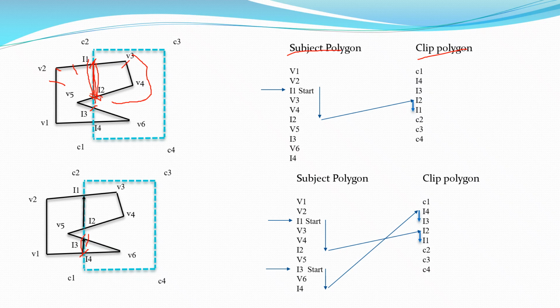Start and end points we have to initialize in the subject polygon, and between them we take all the vertices and then jump into the clipping polygon where the edge ended and with the starting point, right? So like this it will clip the polygon.